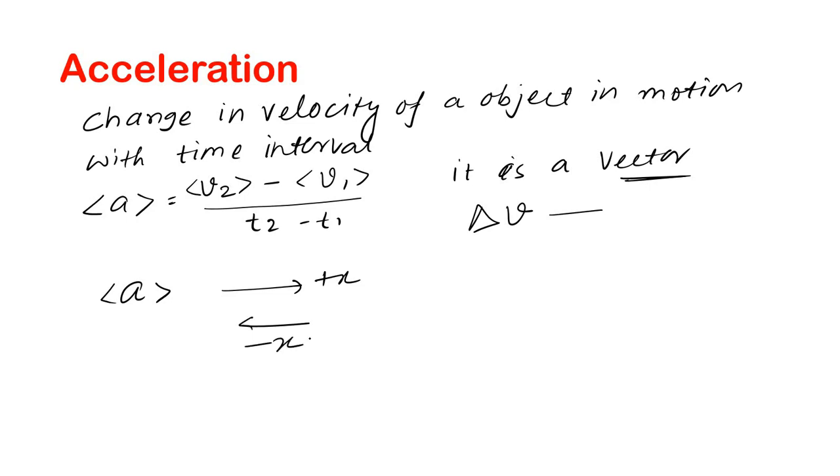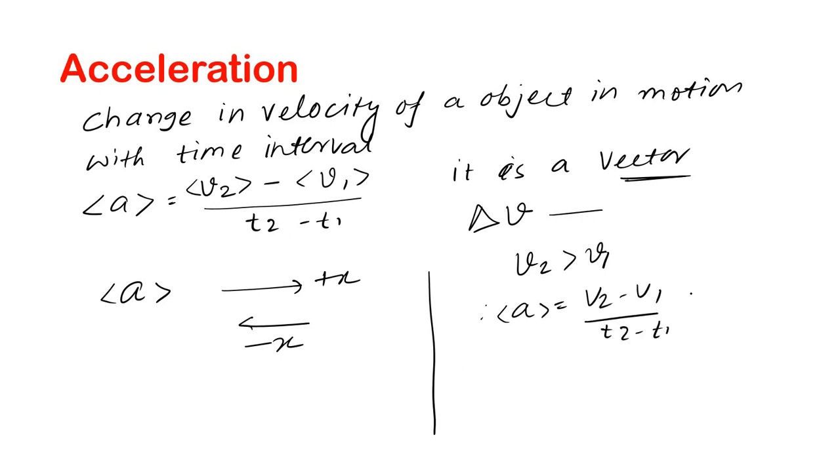It depends on whether the change in speed is positive or negative. So acceleration is positive if v2 is greater than v1, then alpha equals v2 minus v1 divided by t2 minus t1 is greater than 0. So we say it is positive.